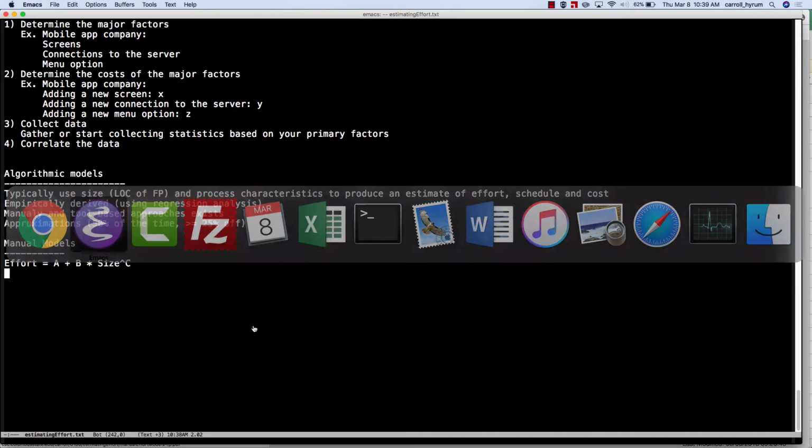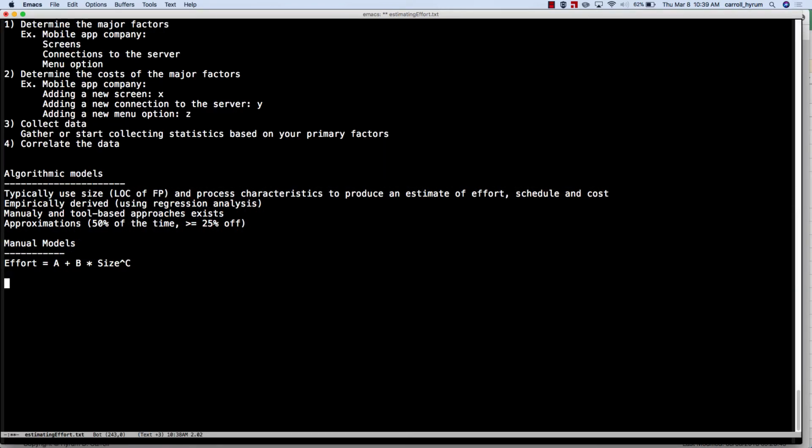Now we've just got a couple more minutes, so let's talk about a tool in particular, and that's the Constructive Cost Model. This is abbreviated COCOMO. This is probably the most popular algorithmic model and most influential.